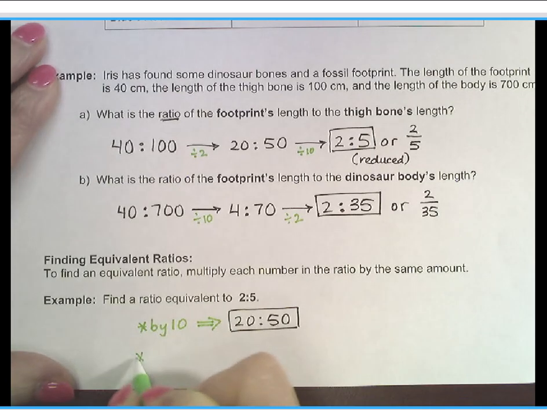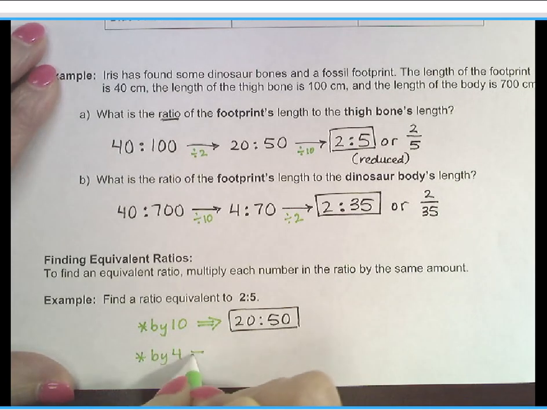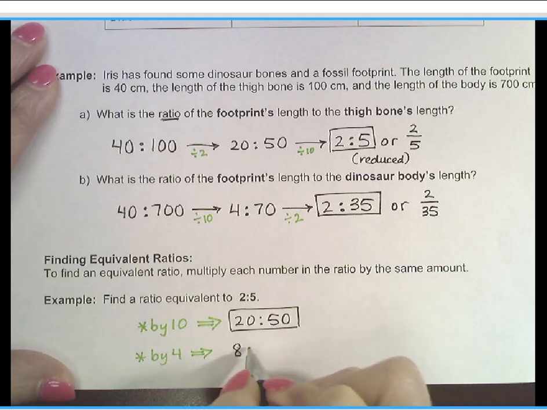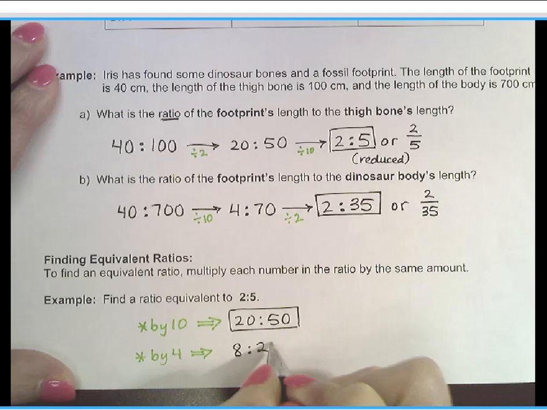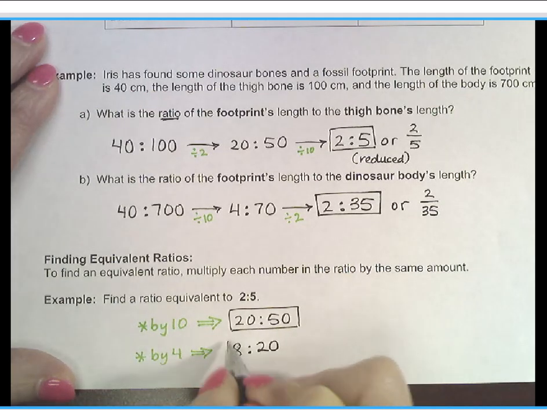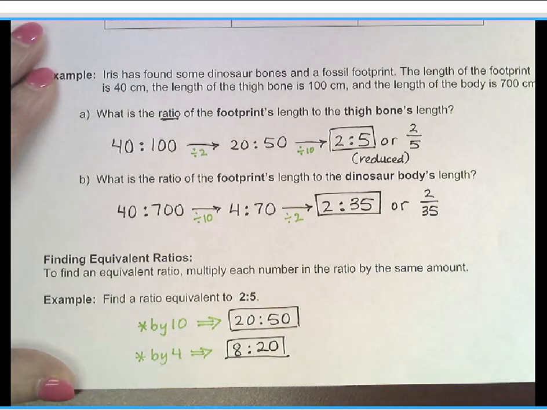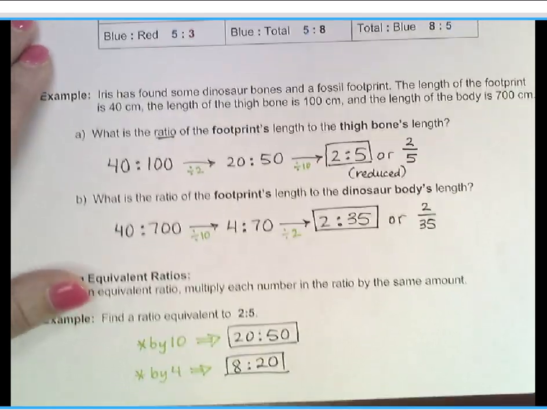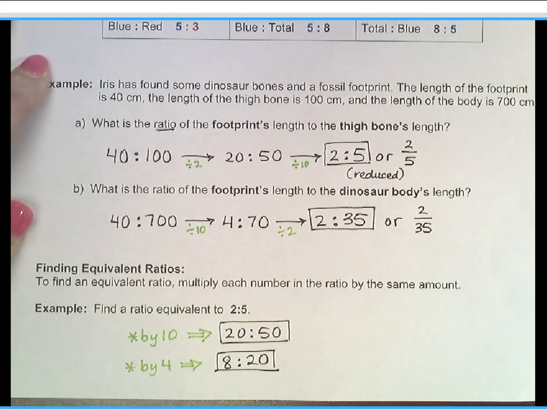Multiply by any number you want. Maybe you want to multiply by 4. Okay, if we multiply by 4, 2 times 4 is 8. 5 times 4 is 20. So 8 to 20, that's the exact same thing as 2 to 5, right? So there's an infinite number of answers just depending on what number you would decide to multiply by. There's really no right or wrong way. This is the equivalent of like blowing up the fraction. If you have a ratio that's reduced, we're like blowing it up to make it look bigger.